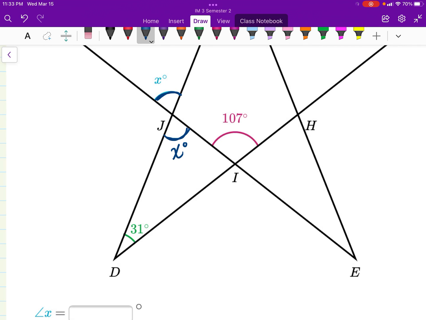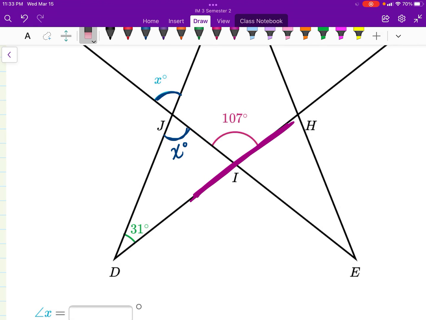Now, the next thing is I actually need to find this angle here. If you take a look here, the 107 actually forms a line with the angle that we're missing. So once again, if those two are forming a line, they have to add up to 180.